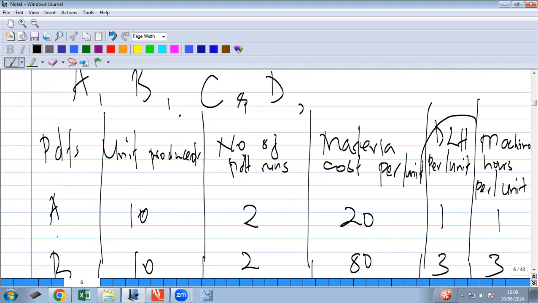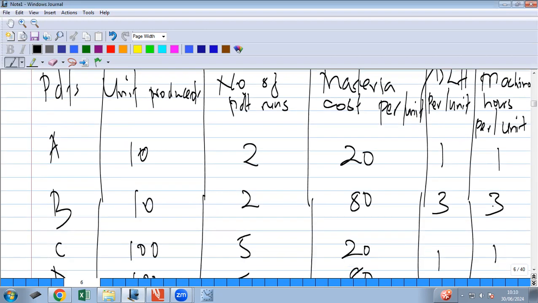That means this product A here, you are producing 10 units, right? But each unit requires 1 hour, right? That means we need to find how many hours you spend on product A.